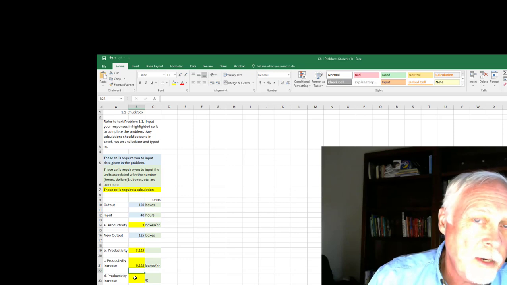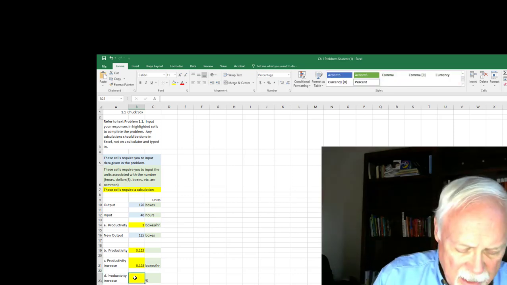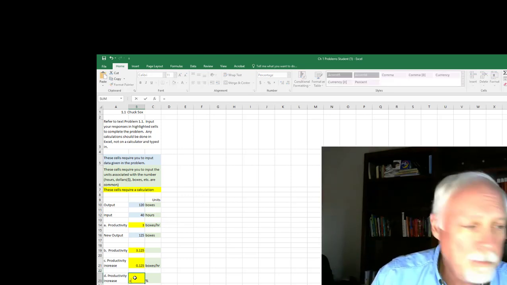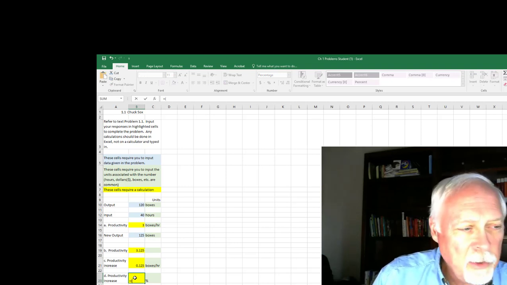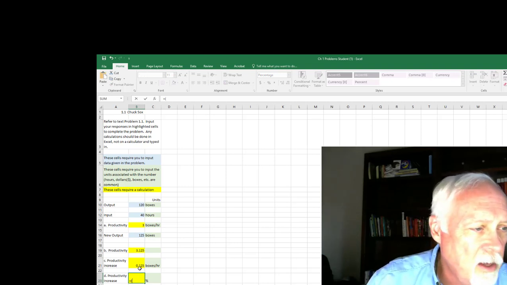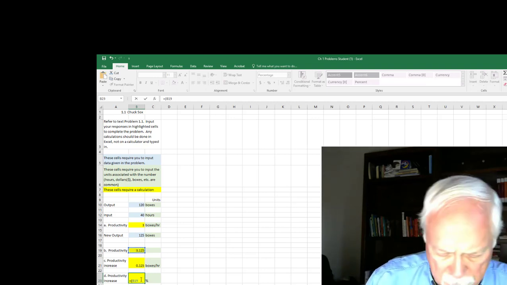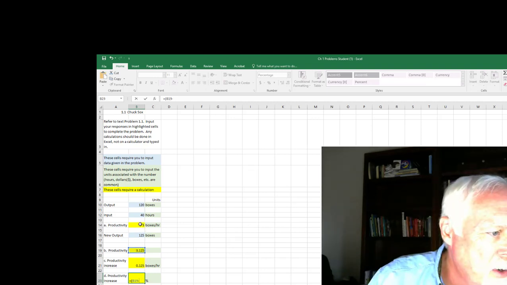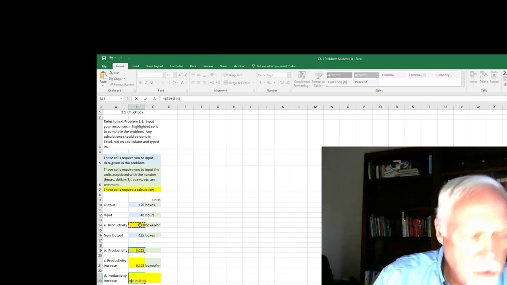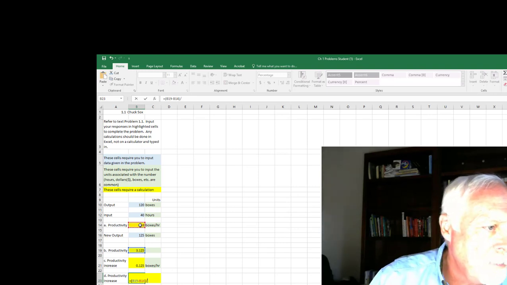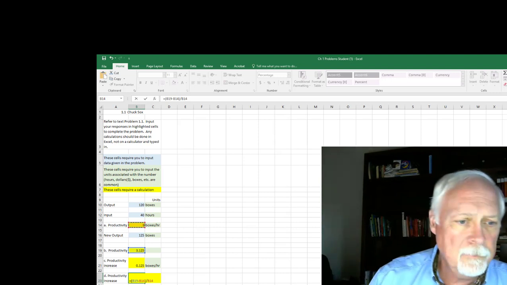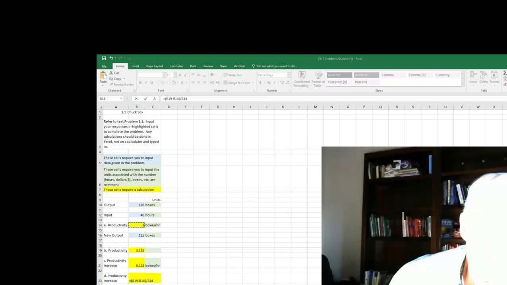The percent increase, there's really two ways we can get at that. One is to go through it bit by bit, and I'll put parentheses here. So we have the new productivity minus the old productivity divided by the old productivity. Okay, so we have a formula that works.